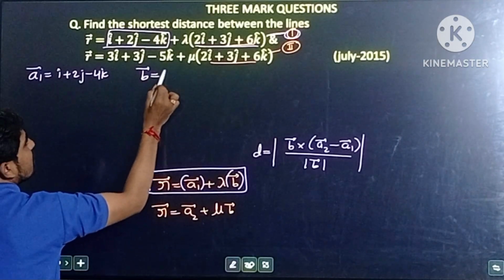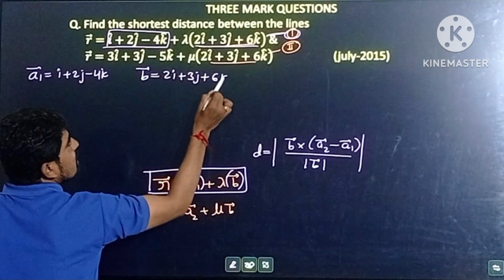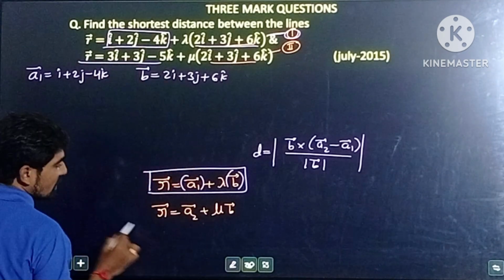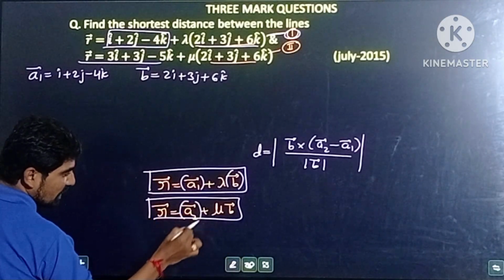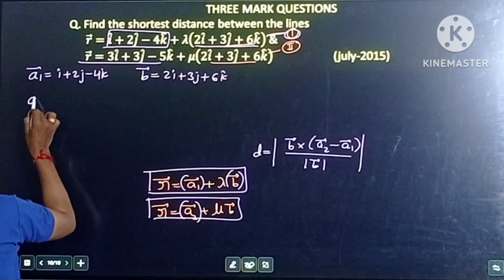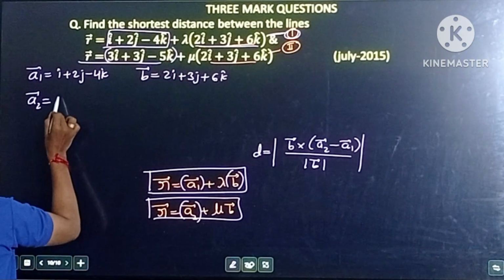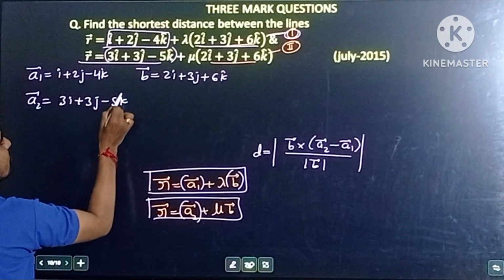So b vector is equal to 2i plus 3j plus 6k. Similarly, for a2 vector, compare this second given line with the standard equation of a line. So in place of a2 vector, we have 3i plus 3j minus 5k.